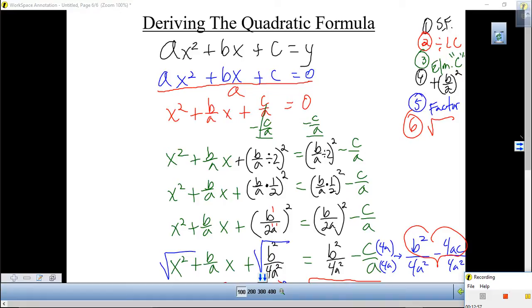I'm going to scroll down a little bit. Make sure you're writing down your 6 steps for completing the square on the side, at least abbreviated, so that you know what step you're on as you're doing the process.